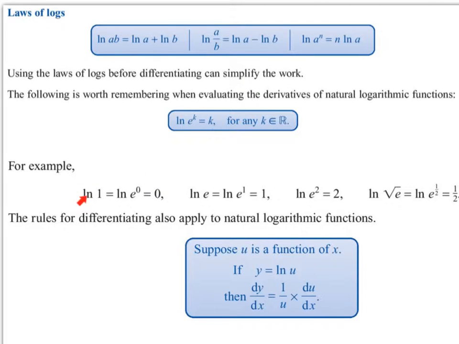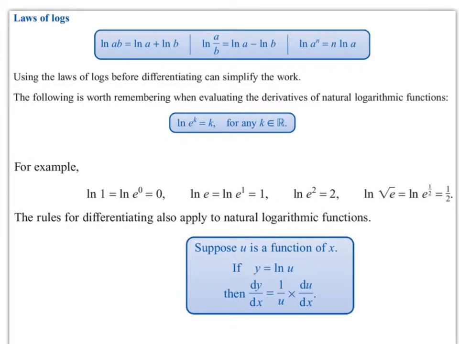Ln e is equal to ln e to the power of 1, which is equal to 1. Ln e squared is equal to 2. Ln root e is equal to ln e to the power of a half, which is equal to a half.